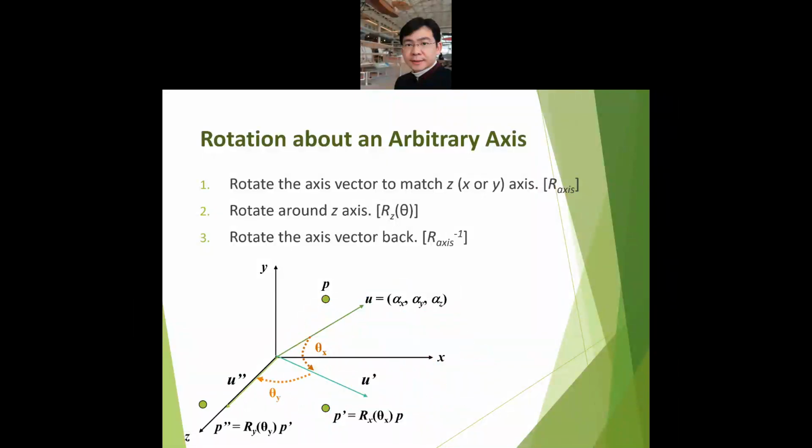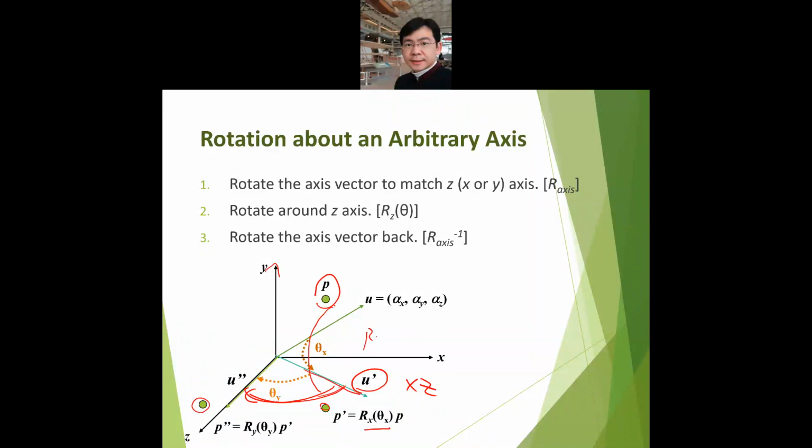Then afterward, because our u-prime is already on the xz plane, we can do ry, right? It can turn this axis here. So if we apply this transformation, this point will move to here. You can think about we have a p here. If we apply rotation x first, it will move to here.